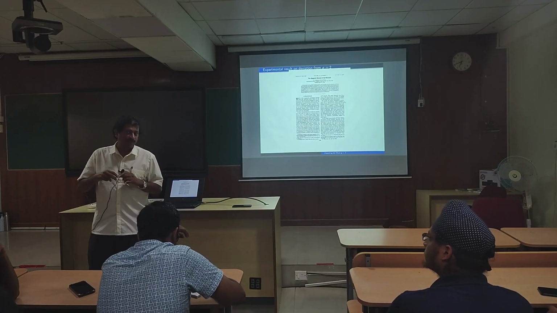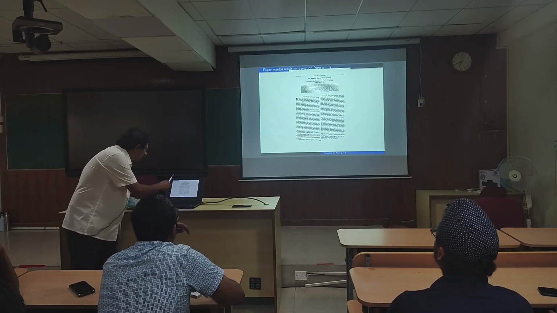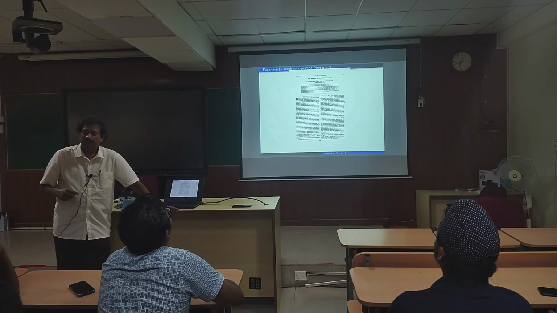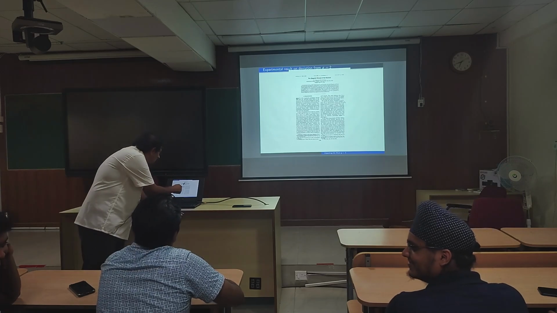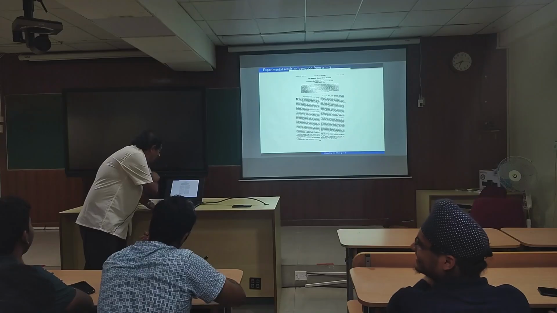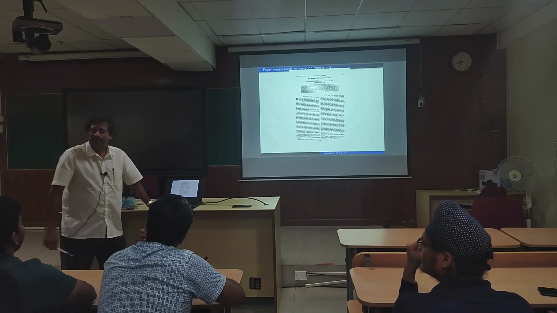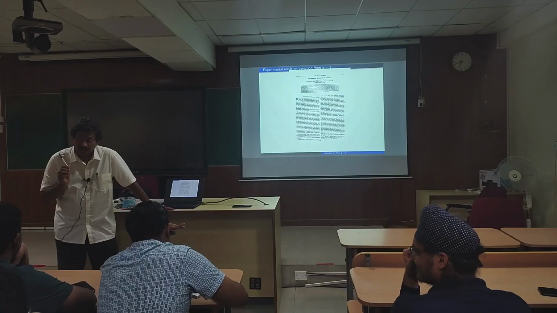That Nobel Prize of Willis Lamb was shared with Polykarp Kusch, who is the author of this paper. This was in 1948. So he measured the magnetic moment of the electron. Okay? He did that with the electron in an atomic physics system.